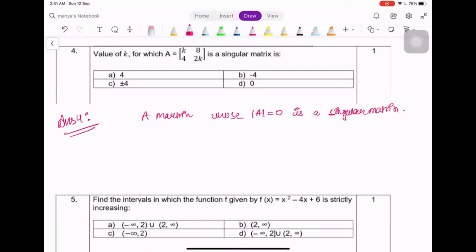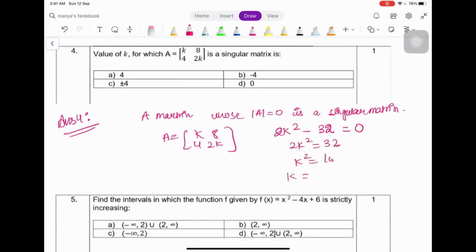So let A be the matrix k, 8, 4, 2k. Then 2k square minus 32 should be equal to 0. 2k square is equal to 32, so k square is equal to 16, k is equal to plus minus 4. So the correct answer is option C.